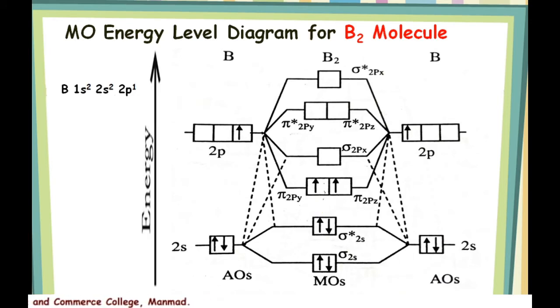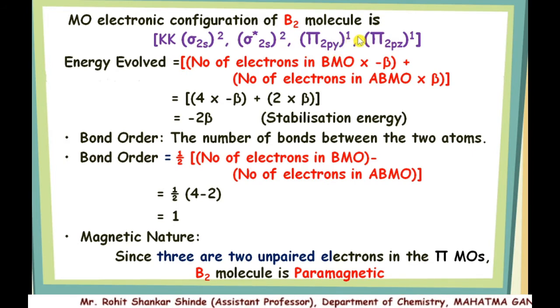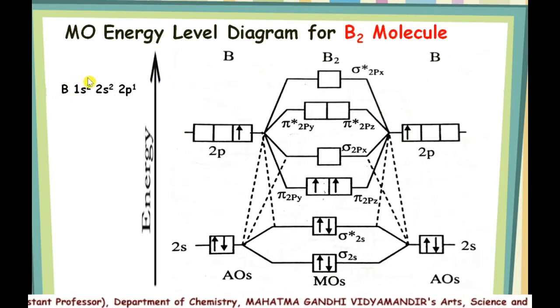Now, the molecular orbital electronic configuration for this molecule can be written as KK, sigma 2s2, sigma star 2s2, pi 2py1, pi 2pz1. So for 1s, the letter K is written.